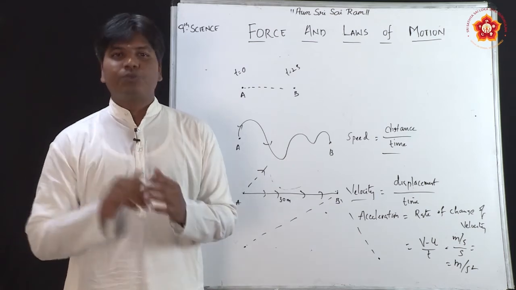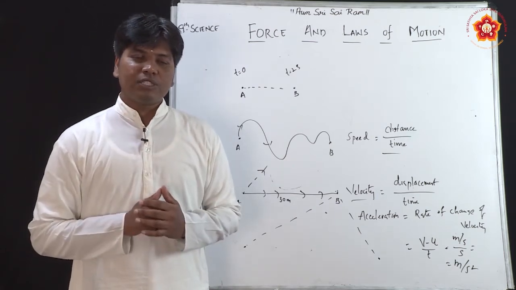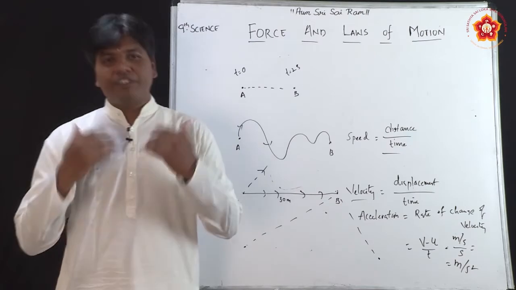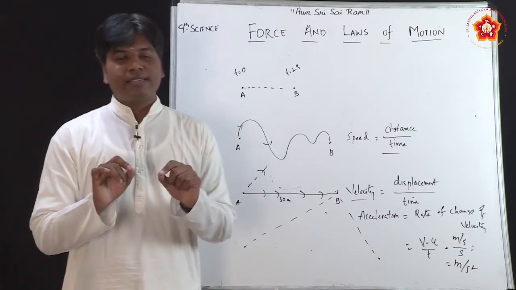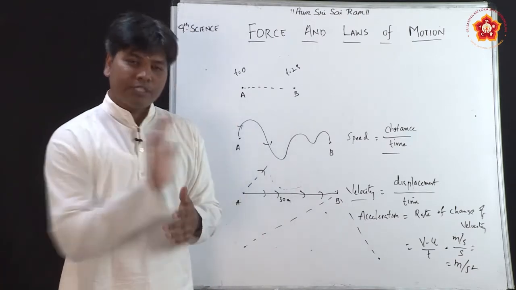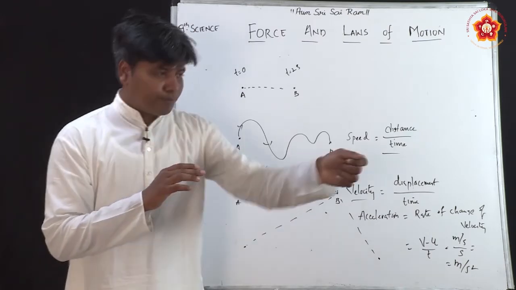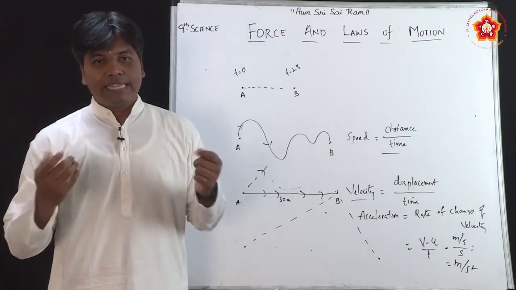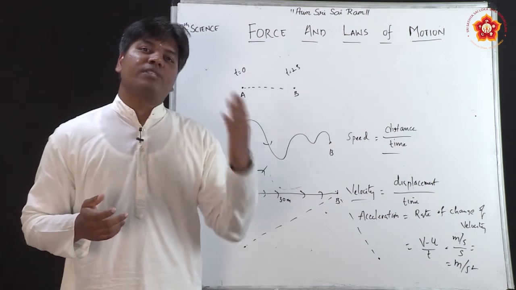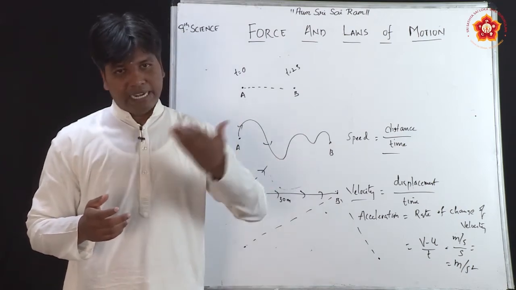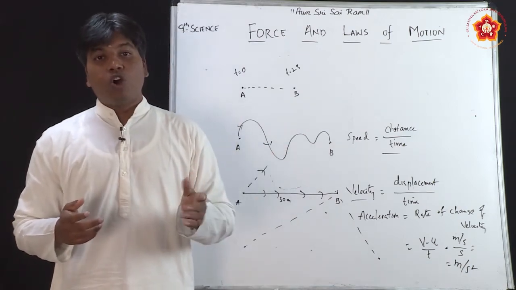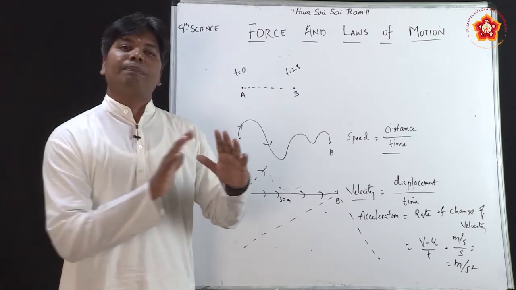That is a special case, we will discuss about it. So generally our favorite definition is force is a push or a pull. If you push something, it moves. If you pull something, also it moves. That means you are changing its velocity. You are either speeding up or slowing down or making it to stay at one place.